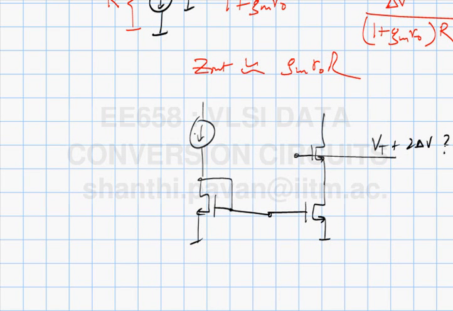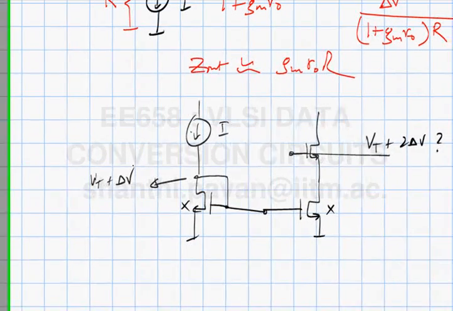How will I generate Vt plus delta V? This is if these two transistor sizes are the same. This is I, and this voltage is Vt plus delta V. If I want to generate Vt plus 2 delta V, what would I want to do? If I took a transistor and reduced its size and pushed the same current into it, what happens?